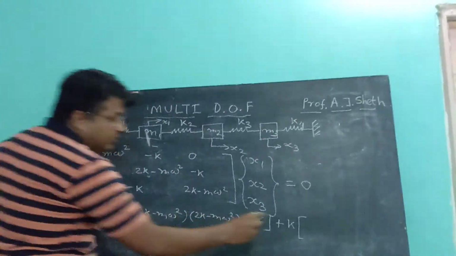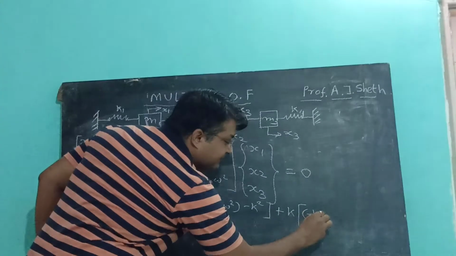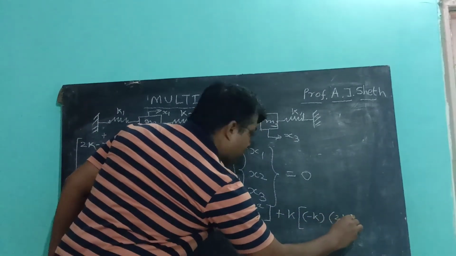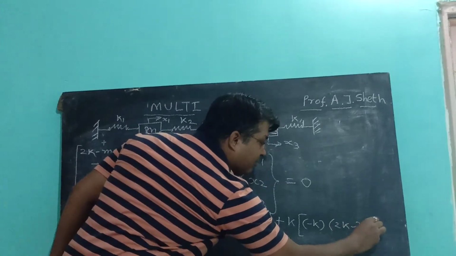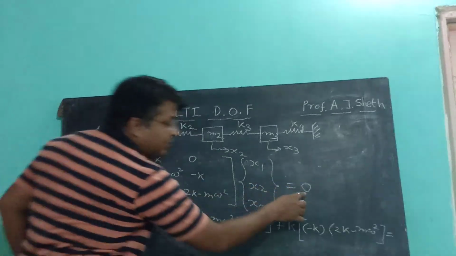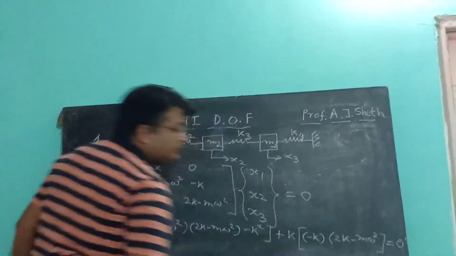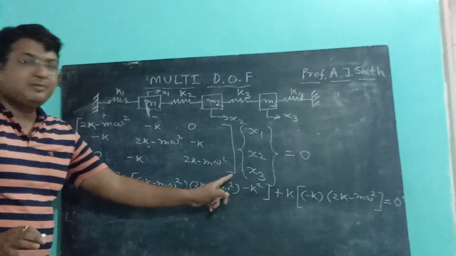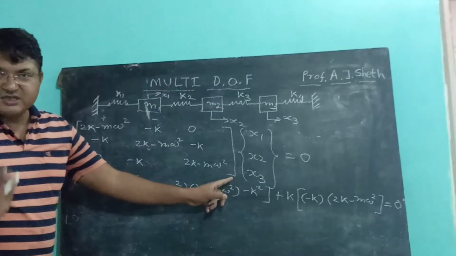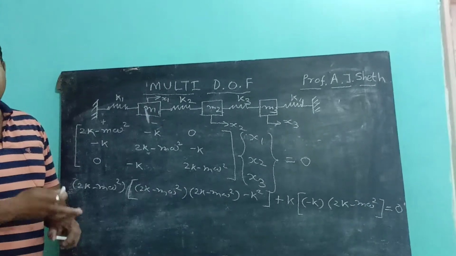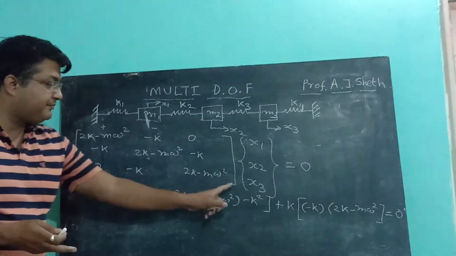So minus k multiplied with 2k minus m omega square is equal to 0. We are simply finding the determinant of this matrix. So firstly we will get the frequency with the help of the determinant of this matrix.